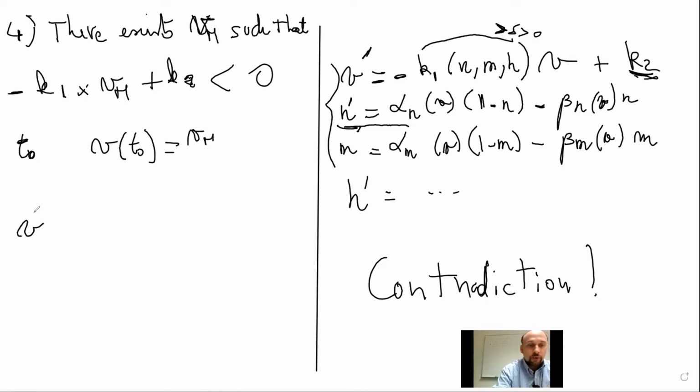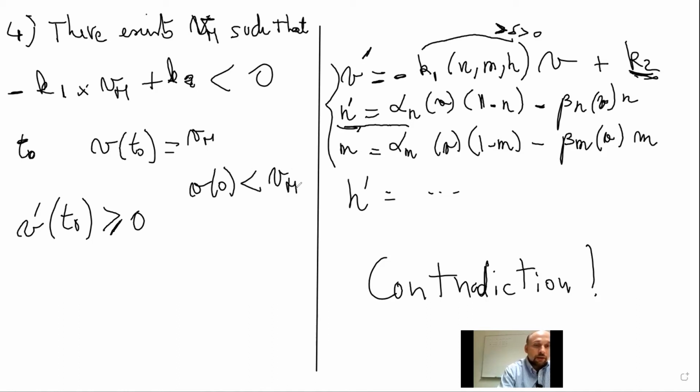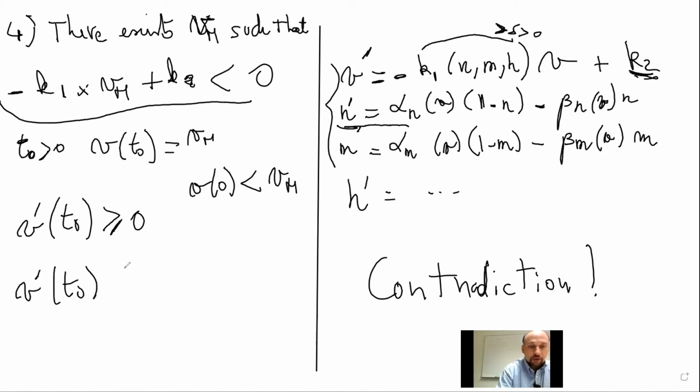You will get V prime of T0 is positive because we assume that V at time 0 is less than V capital M, and for a T0 positive, you reach V capital M. And on the other side, from this expression, you get that V prime of T0 is negative.